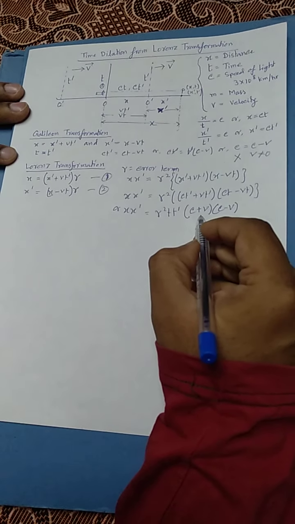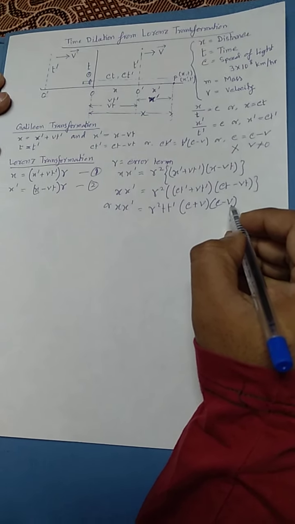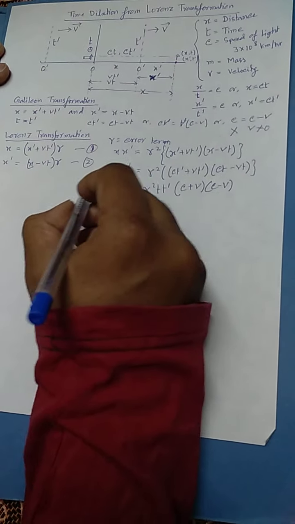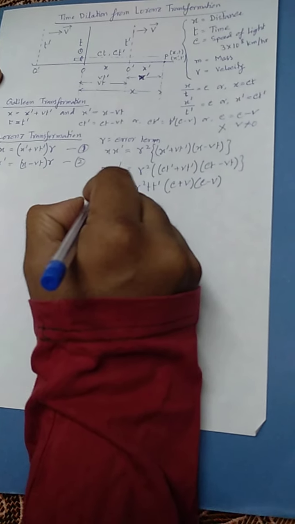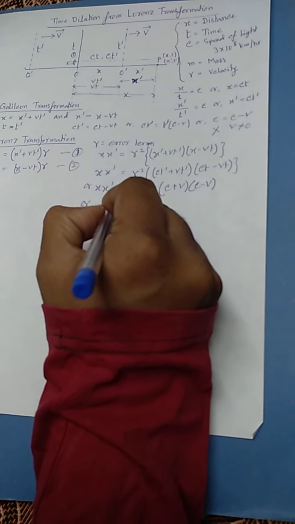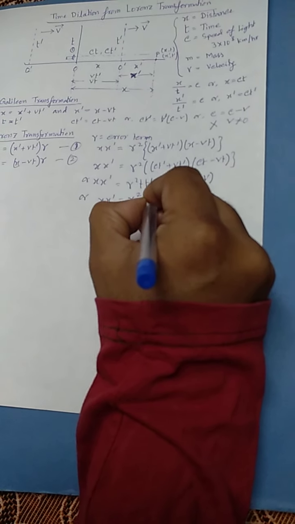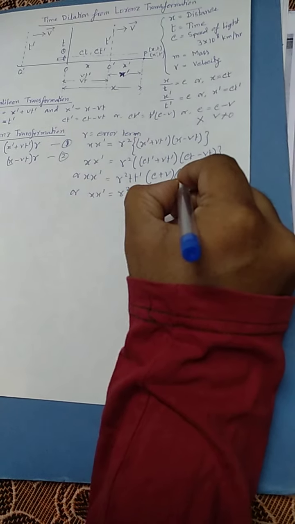Now this is the formula of a plus b whole into a minus b, equal to a square minus b square. If I apply that formula, we have x prime x equal to gamma squared t prime t into (c square minus v square).